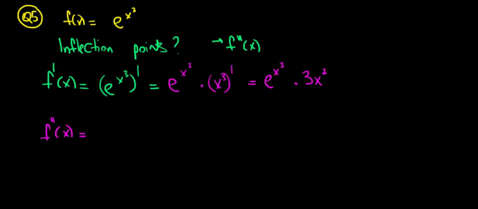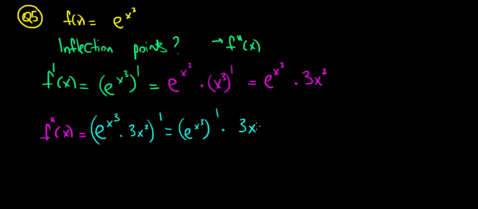That's going to be e to the power of x cubed times 3x squared derivative. And now we can use the product rule. So we have e to the power of x cubed derivative times 3x squared plus e to the power of x cubed times 3x squared derivative. What is e to the power of x cubed derivative?